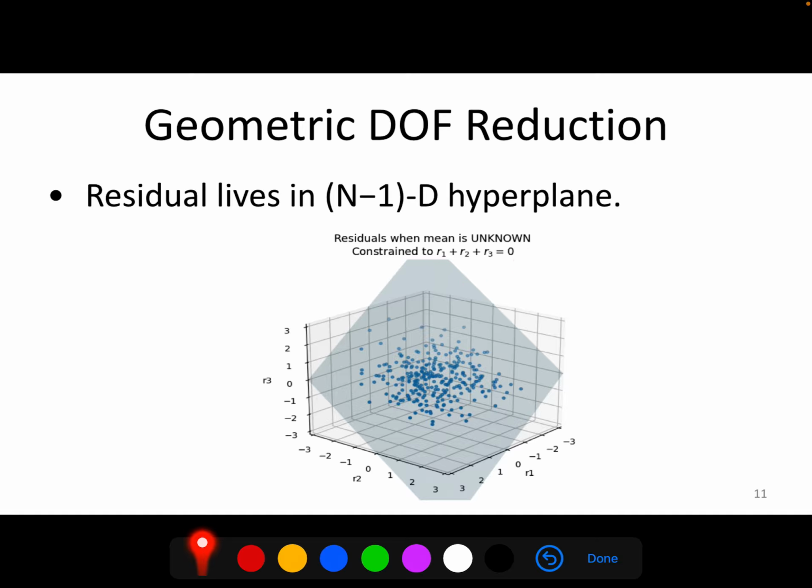In n dimensions, it's an n-1 dimensional hyperplane. And this geometry explains the change in the degrees of freedom. We lost exactly 1 dimension by estimating the mean.